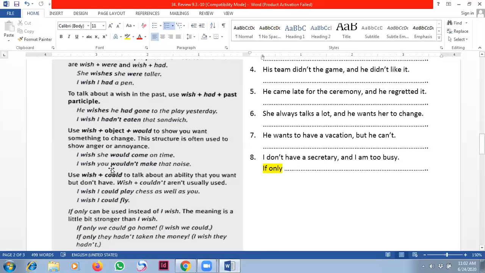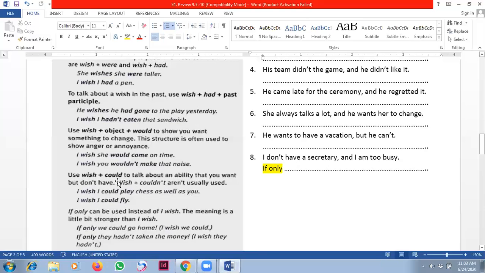I wish you wouldn't make that noise. This is when you're annoyed. I wish you wouldn't make that noise. Stop making that noise already. So yes, wouldn't make means you're annoyed, you're angry, and you would like somebody to change something.